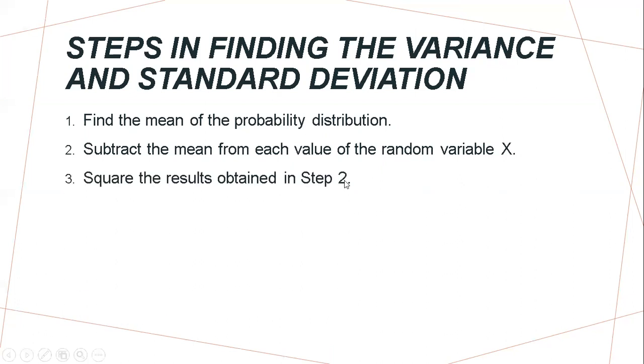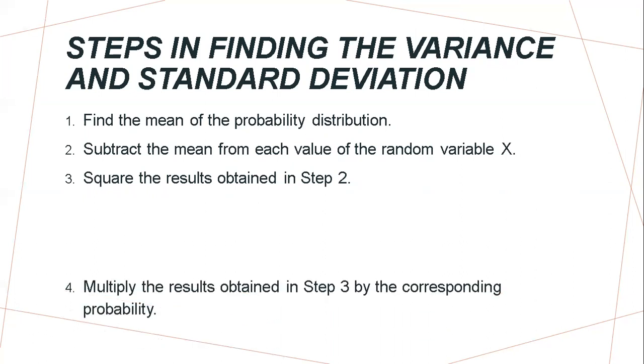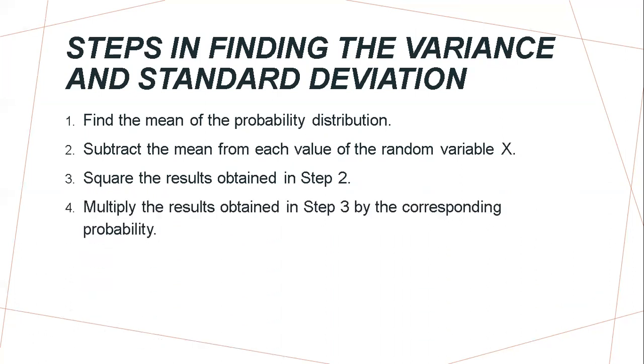So, ibig sabihin yung nakuha natin dito sa step 2, squared lang natin yon. So, we're going to multiply by itself. Okay? Then step 4, we're going to multiply the results obtained in step 3 by the corresponding probability. So, ito na nadagdag, no? So, i-multiply natin yung nakuha natin sa step 3 doon sa corresponding probability. Okay, yun yung ilalagay natin doon sa pang-apat na column later.